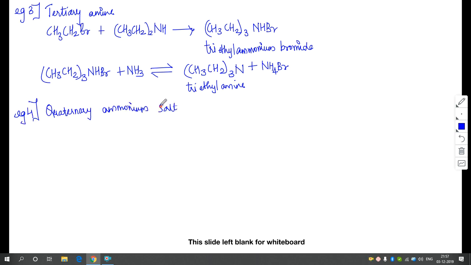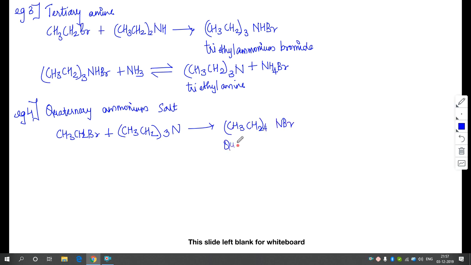We started with primary. Now we are going to react with the tertiary amine. Since the quaternary ammonium salt cannot act as a nucleophile, we will have only a one-step process. That is CH3CH2Br plus (CH3CH2)3N gives you (CH3CH2)4NBr.